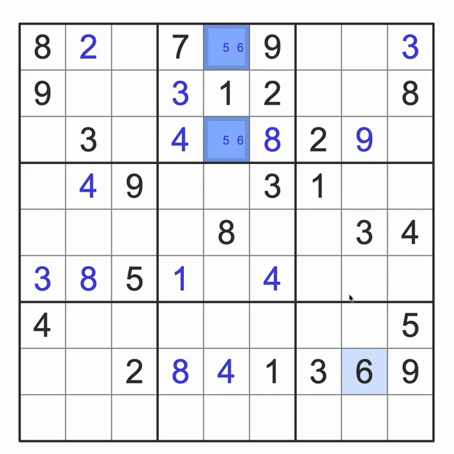Okay. I can place 8 in box 6. 8 in box 5 blocks this cell. 8 in box 4 blocks these cells. 8 in box 3 blocks this cell. That gives me 8 here.